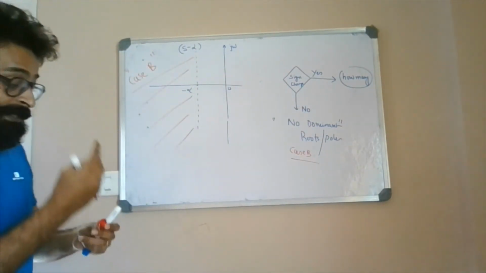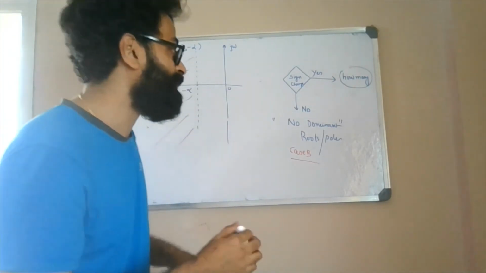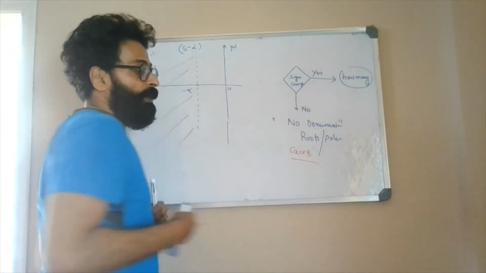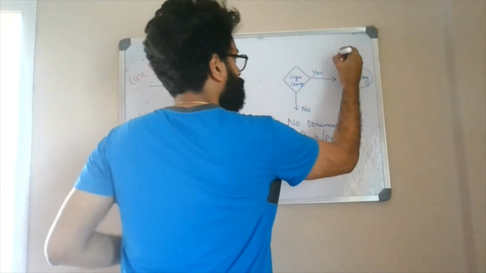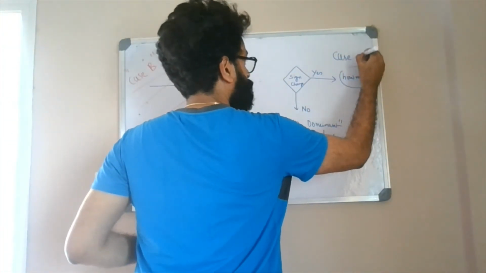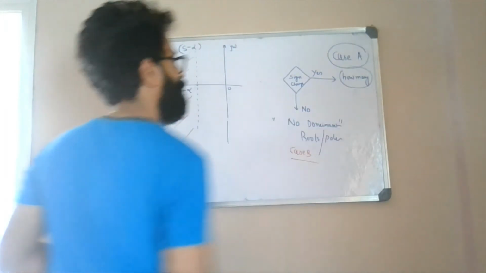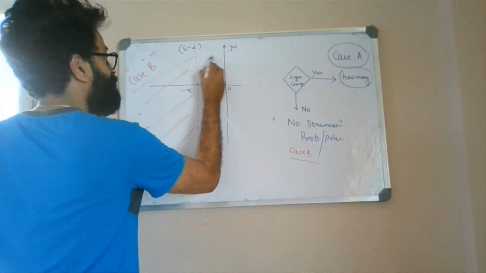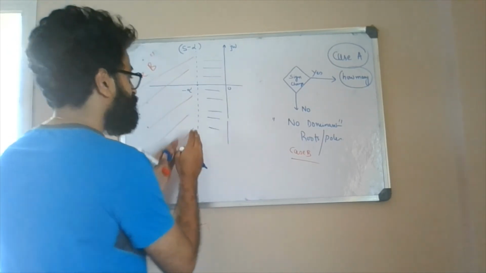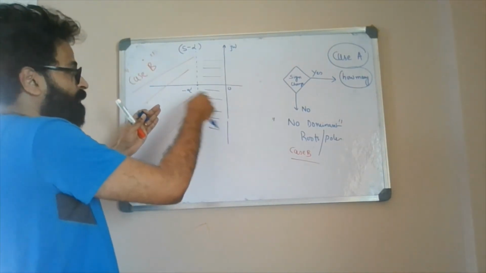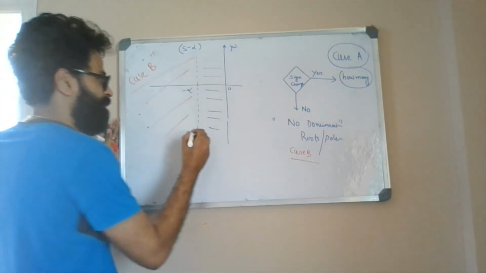On the other hand, if there are sign changes, and you come to know how many sign changes are taking place, then those many roots will be lying in the region which is the right half of s minus alpha.